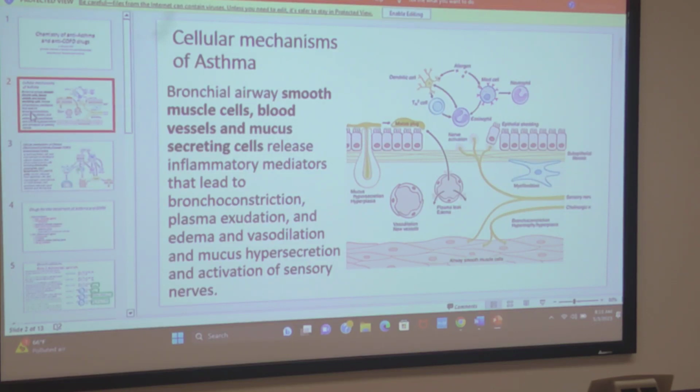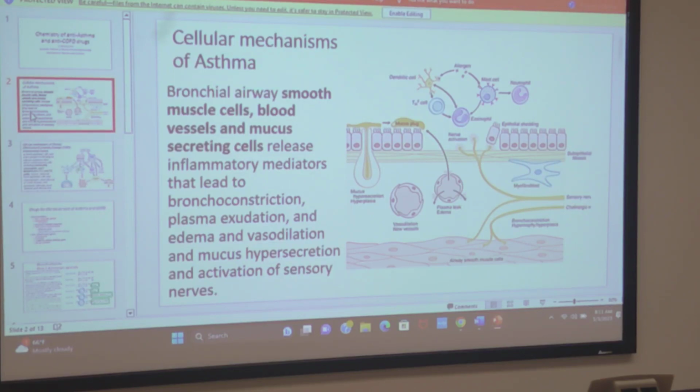As she said, it cannot be reversed. That's what COPD is. And the cellular mechanisms, I'm not going into details here, but it is multiple signals coming from multiple cell types. Therefore, the signals which we have to block to alleviate the problem are a multitude of signals.